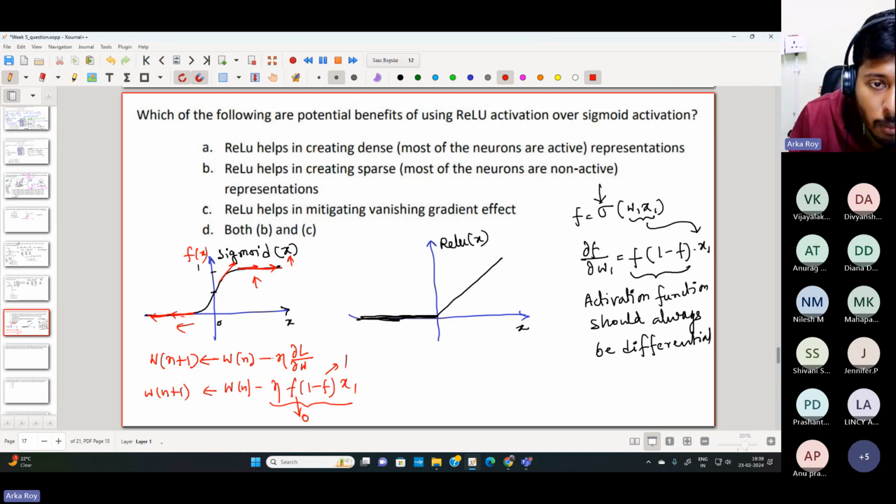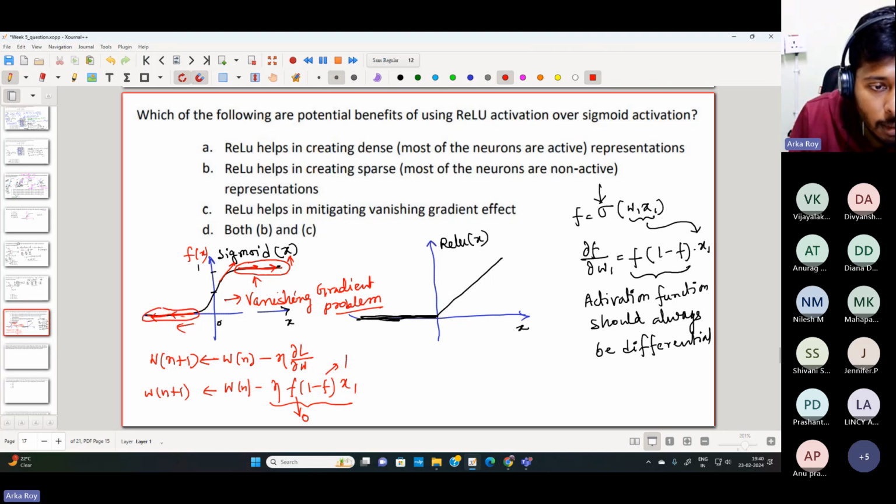So for the sigmoid function, we get a problem, which is basically the vanishing gradient problem.